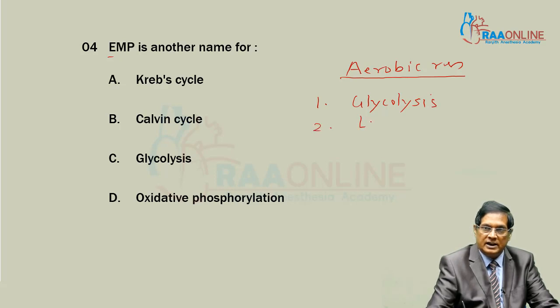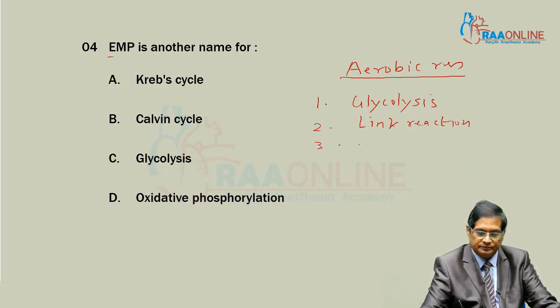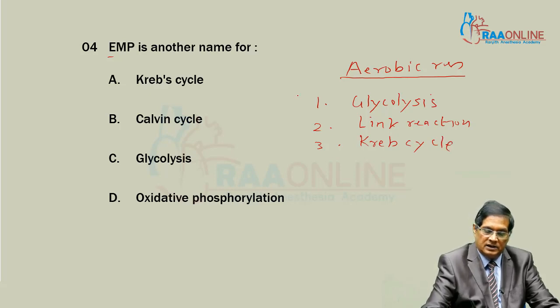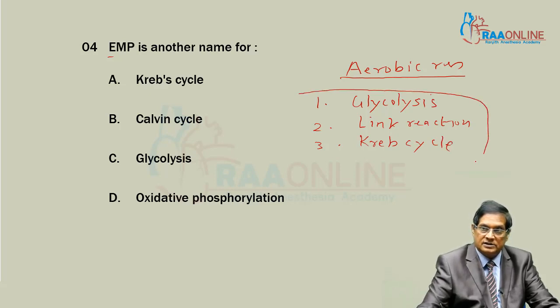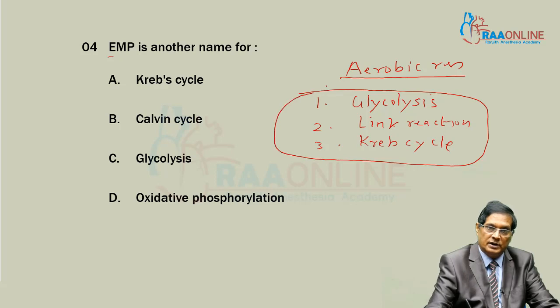Part 2 is link reaction. And part 3 is Krebs cycle. These are the 3 phase activities of aerobic respiration.